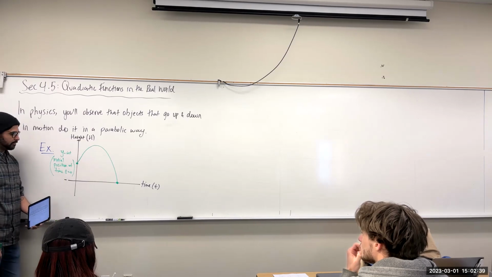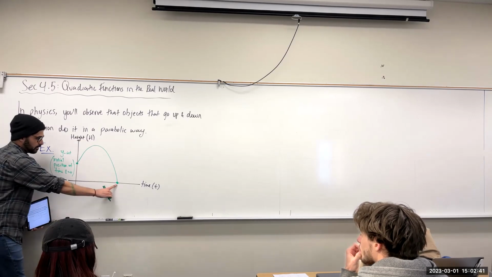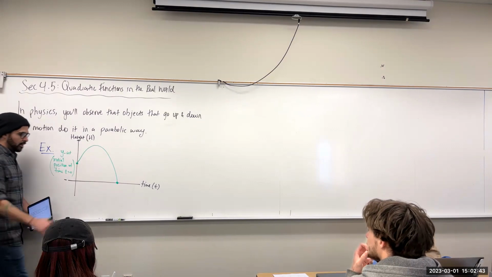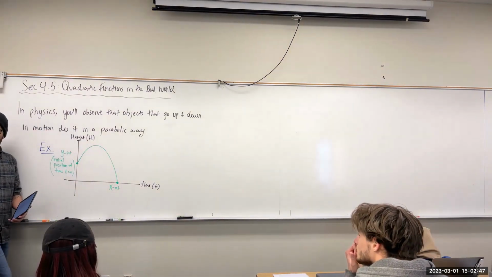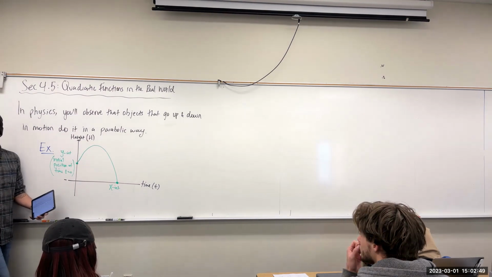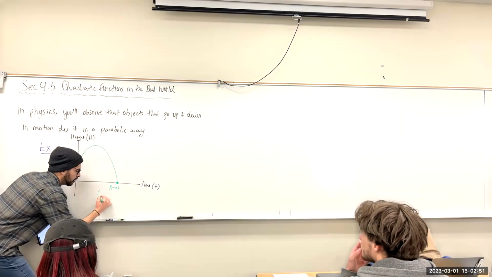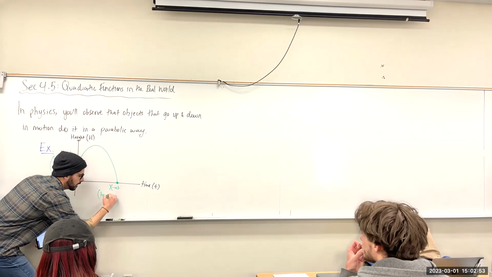Okay. What's that? That's the x-intercept. That's where the object is at height 0 or it's on the ground. Okay. So this is where you have height 0.